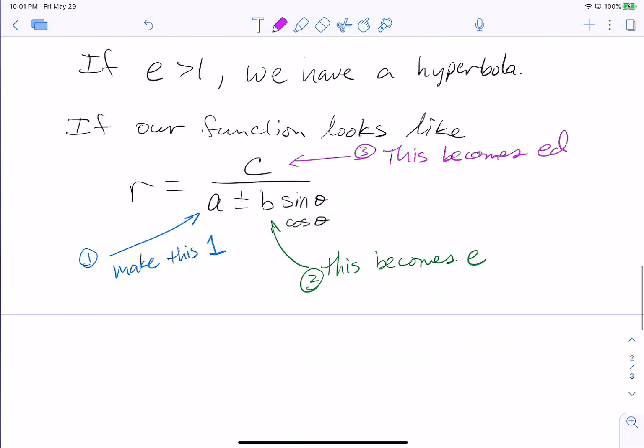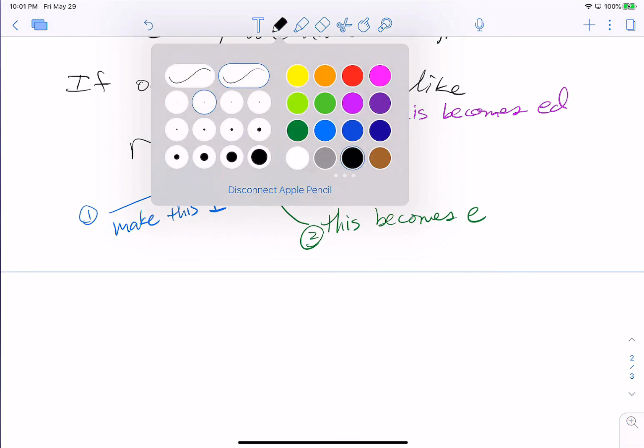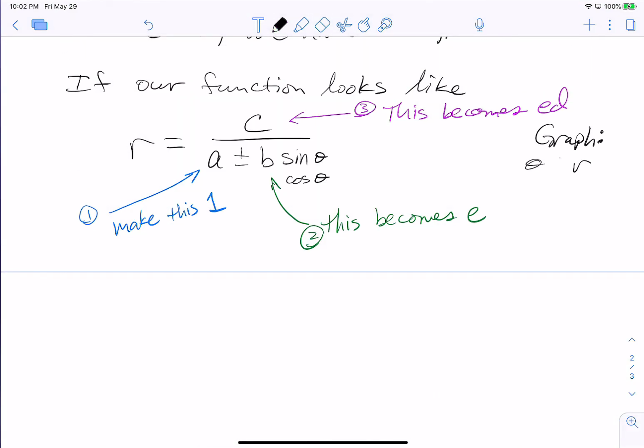As far as graphing, and that's part of what we're going to do, I would recommend setting up a theta-r table, and at minimum, plotting the points associated with theta equals 0, pi over 2, pi, and 3 pi over 2. Figure out what r is, plot the points. You already know what the shape is because you know what e is. And there you go.